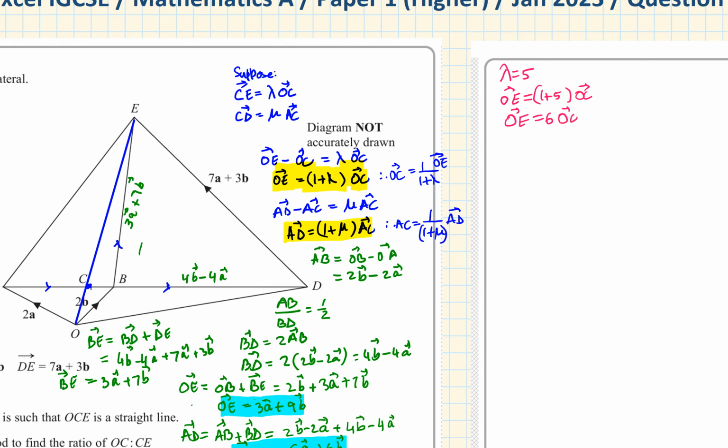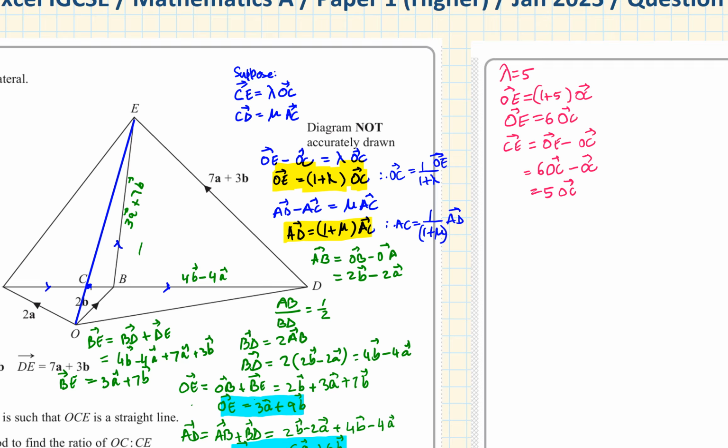But what do we need to find? OC to CE. I know OE, so I can now find CE. CE is equal to OE minus OC. That is equal to 6 times OC minus OC. That is 5 OC.